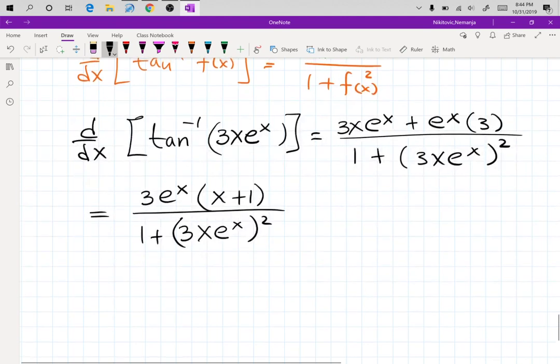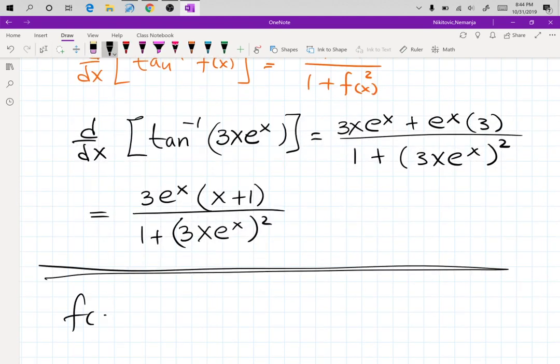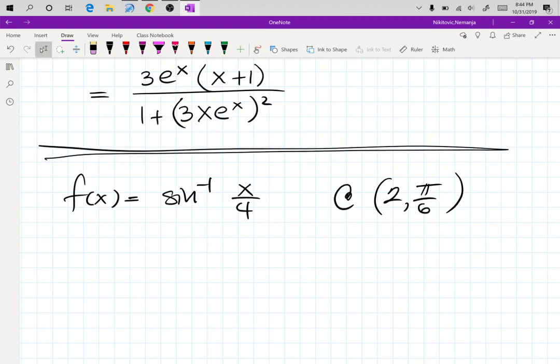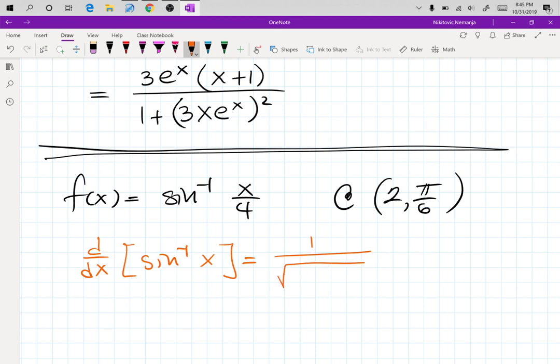I have here f of x equals inverse sine of x over 4 at the point of 2. The formula for the derivative of inverse sine of x is, did anyone remember? 1 over square root of 1 minus x squared.